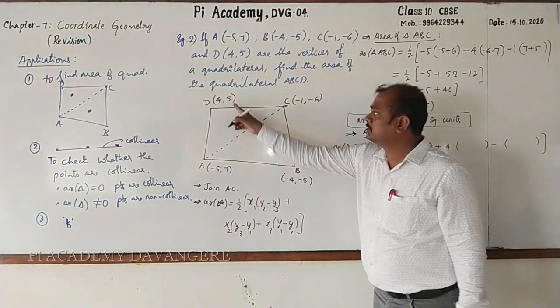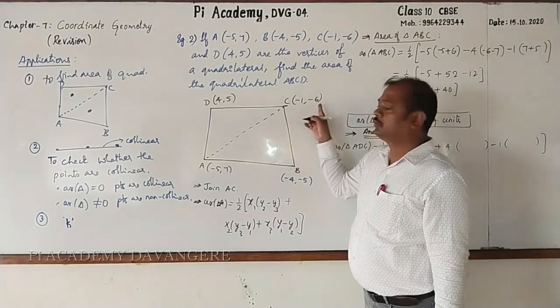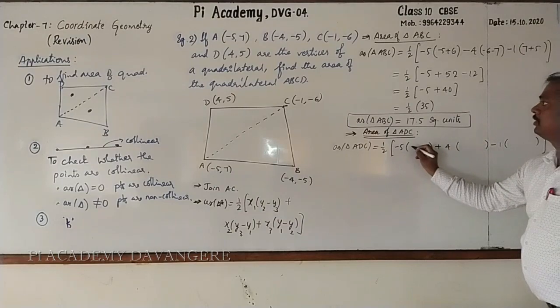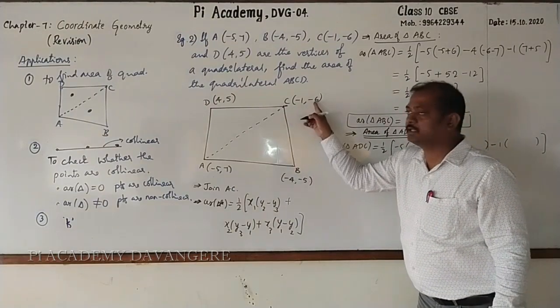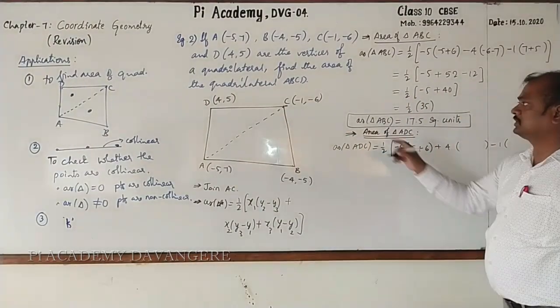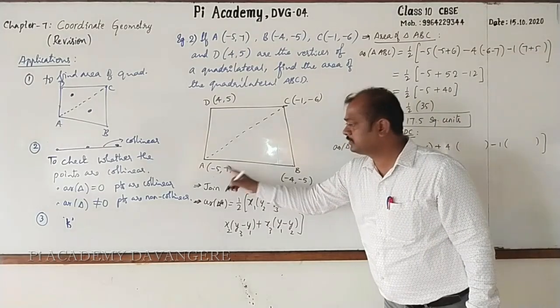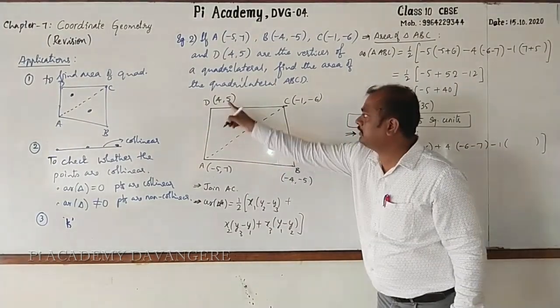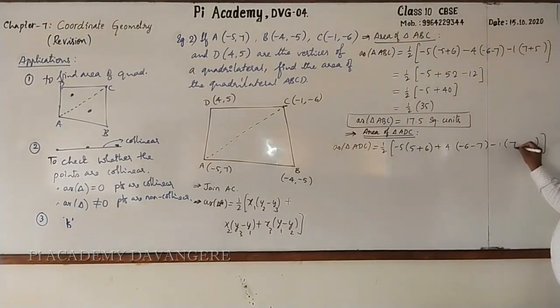Then see y2 minus y3: 5 minus of minus 6, that is 5 plus 6. Minus 6 minus 7. 7 minus 5. Hope that you all have understood this.